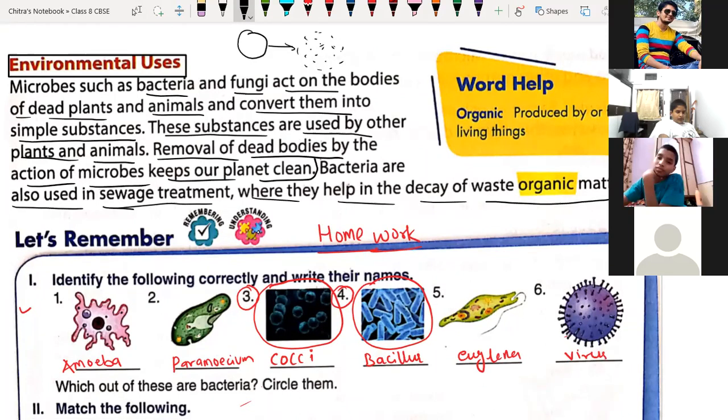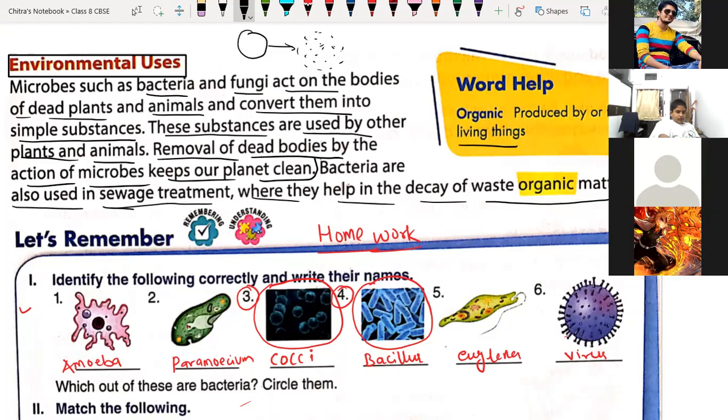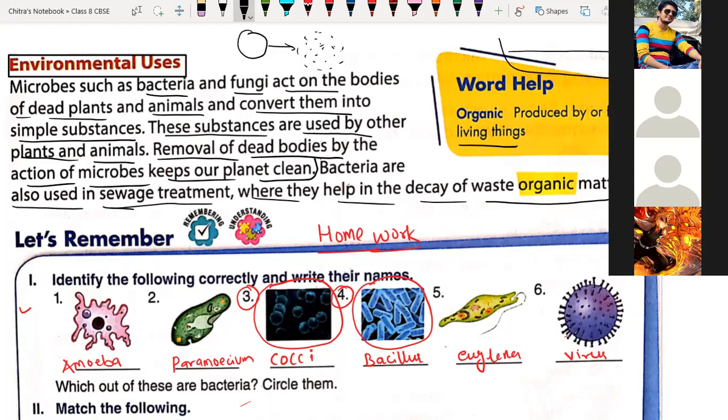Do you know what an oil spill is, everyone? Suppose this is the ocean and we are getting crude oil from the Gulf countries, for petrol and diesel. We transport that crude oil from Gulf countries to India with the help of large ships, right?